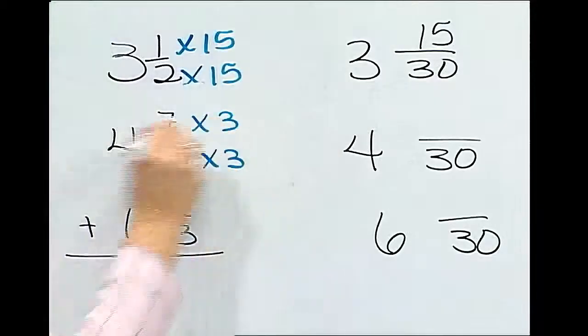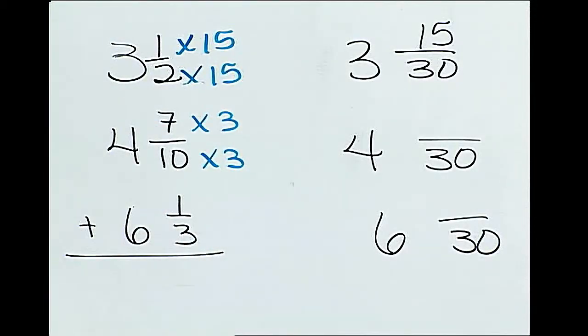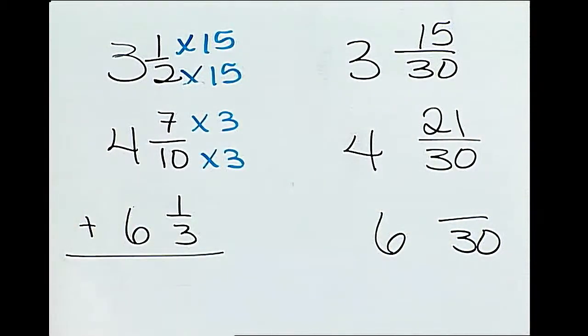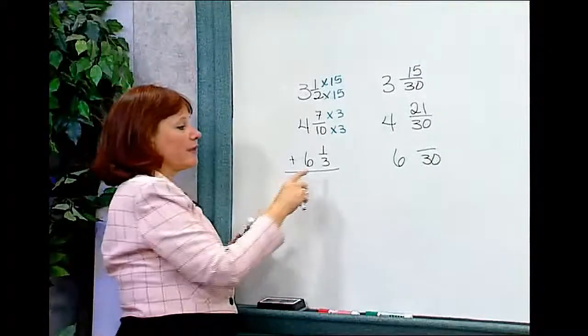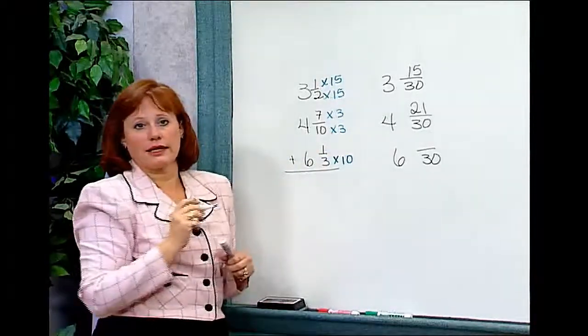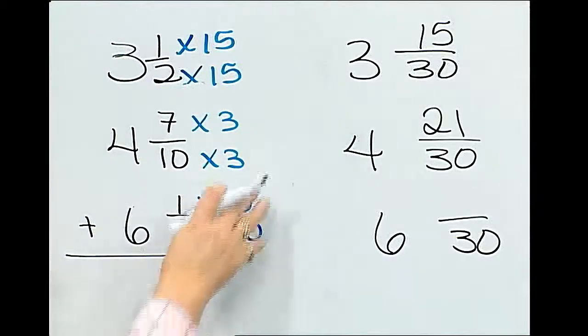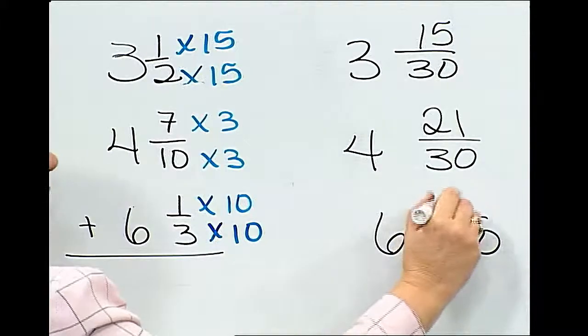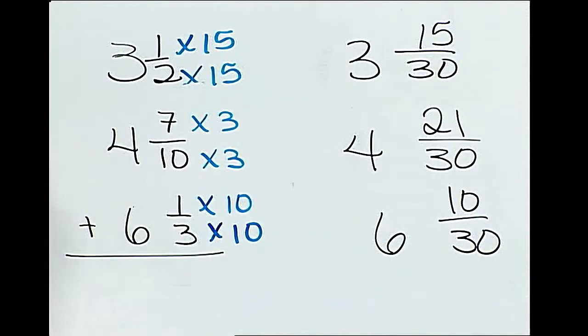That means I need to multiply by 3 in the numerator as well, giving me an equivalent fraction of 4 and 21/30ths. And finally, if I want to change 3 into 30ths, I need to do so by multiplying it by 10. So I'll multiply 10 in the numerator and the denominator, and that will give me an equivalent fraction of 6 and 10/30ths.